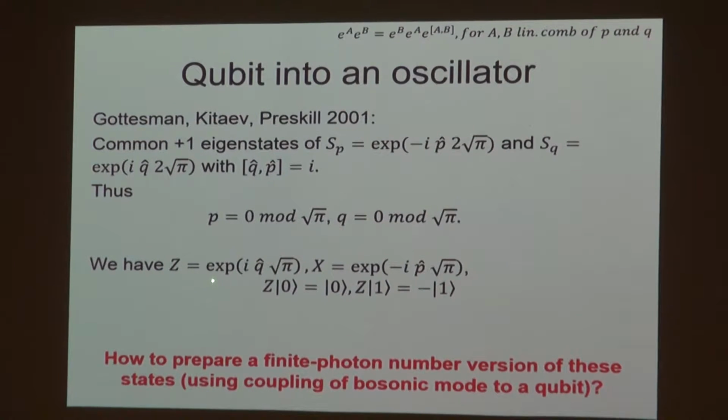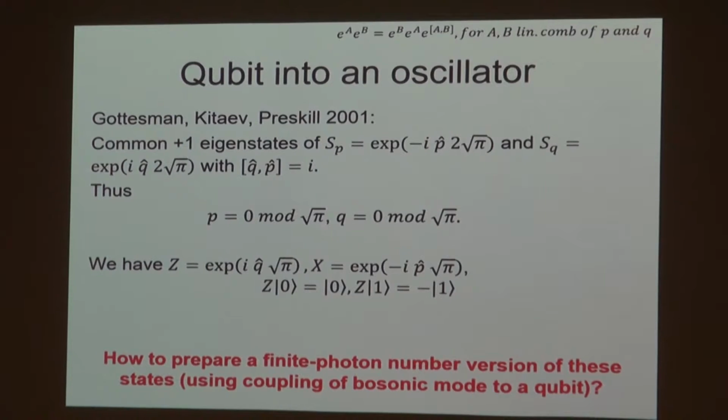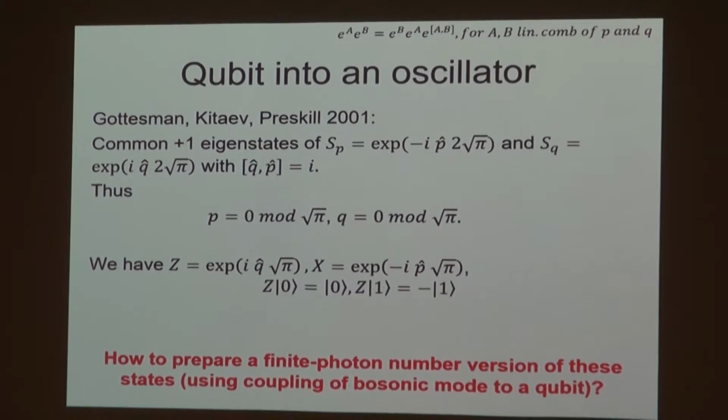And you see that if I have a state which is also a +1 eigenstate of this operator, then Q has to be an even multiple of square root of pi. And if it's a state which has -1 eigenvalue with respect to this operator Z, it has to be a state for which Q has odd multiples of square root of pi. And a similar thing can be said about the X operator, but then you go to the Hadamard rotated basis.